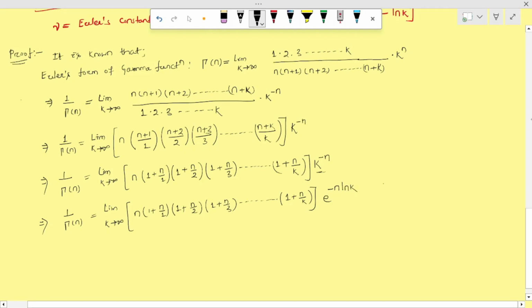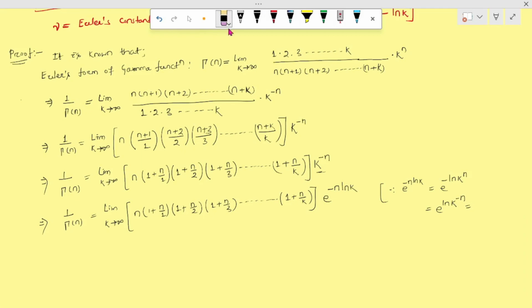How is it? Here e to the power minus n ln k is nothing but e to the power minus ln k, to the power n, or we can write e to the power ln k to the power minus n. So exponent to the power log of k to the power minus n is nothing but k to the power minus n, right?